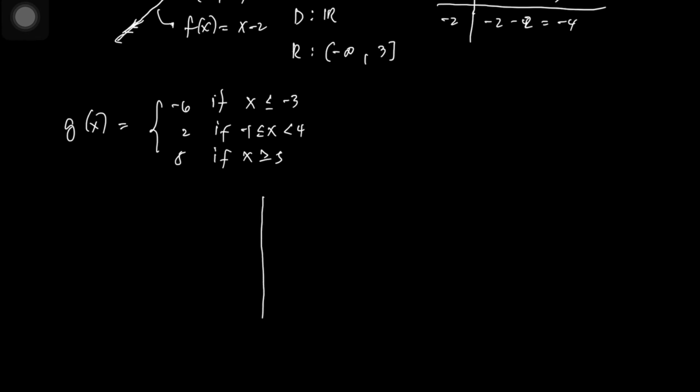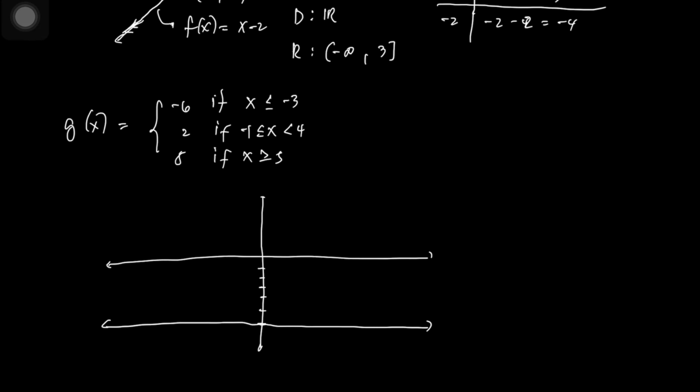These are constant functions. So first, it's -6. It's a constant function, but x is less than or equal to -3.